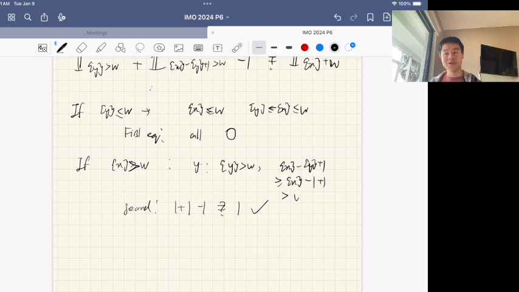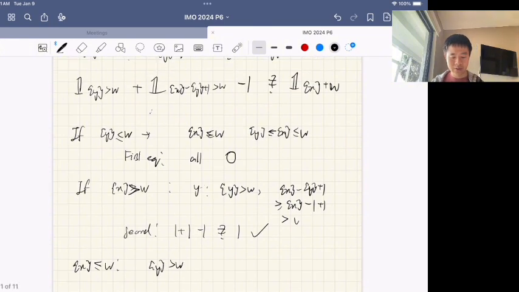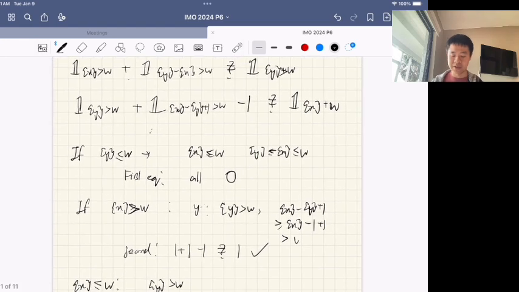So this is true, so both of them pass. Now you'll see when it would fail. Meaning that x less than or equal to w, but the fractional part of y greater than w. So if we substitute this in, then you get something like this is 0, this is 1, and then this is 1, this is going to be 0. So is it actually possible that both of them can fail?